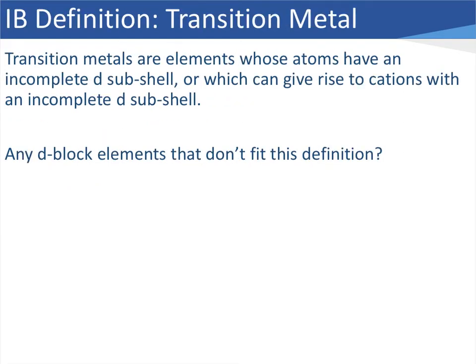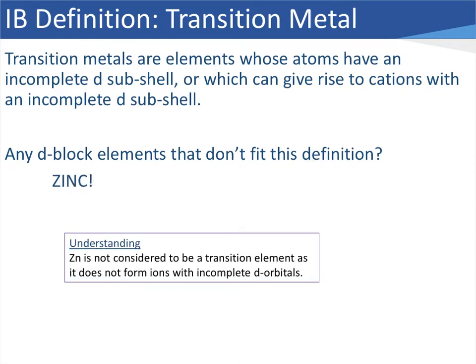Transition metals have atoms with an incomplete D subshell, or they can give rise to cations with an incomplete D subshell. Can you think of any D block elements that don't fit this definition? There's one. That element is zinc. Zinc is not considered to be a transition element as it does not form ions with incomplete D subshells.